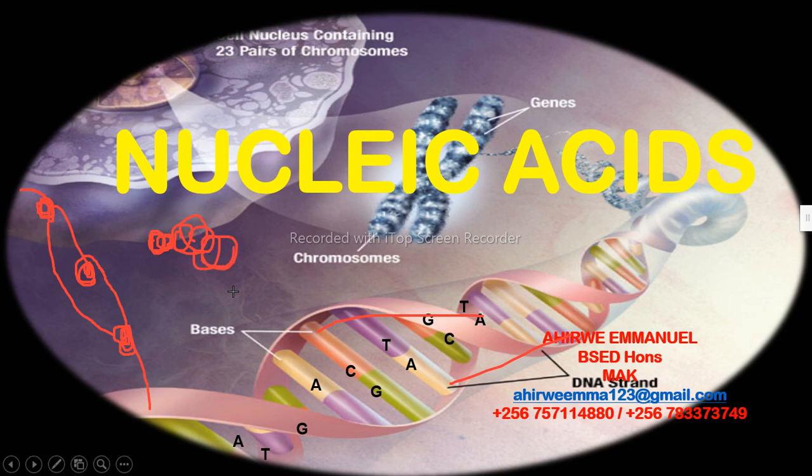So that in the end, you will end up coiling your DNA to form what we call a chromosome, and it is stored constantly within a cell. So that is some basic understanding of what DNA is in your cell.